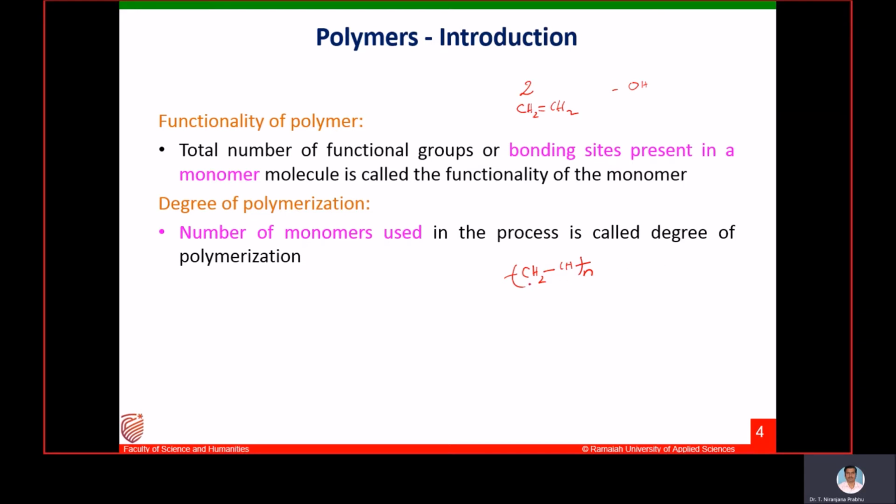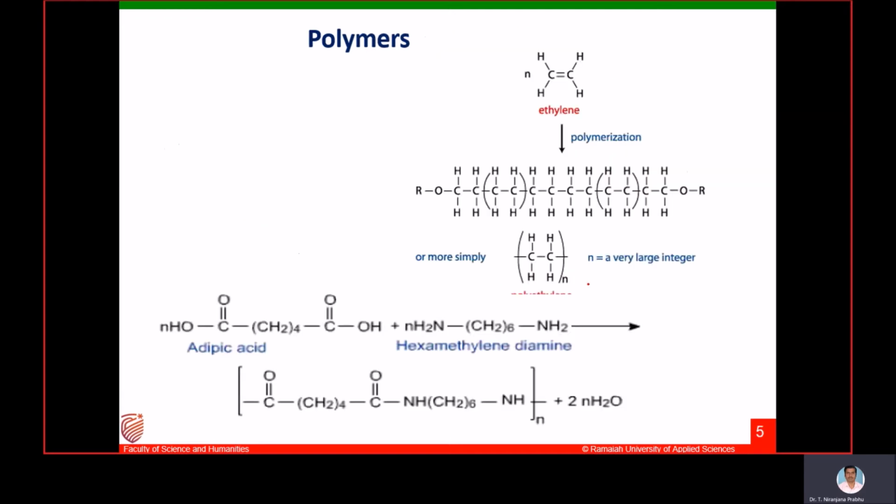Based on this, its molecular weight is decided. So this n is called the degree of polymerization. It is the number of repeating units present in the polymer molecule, or the number of monomers that are getting repeated in a polymer chain.